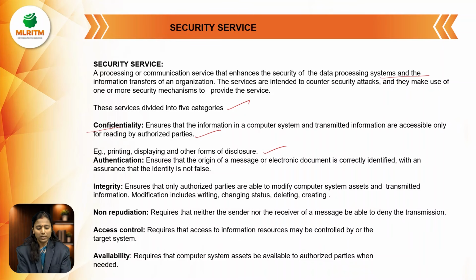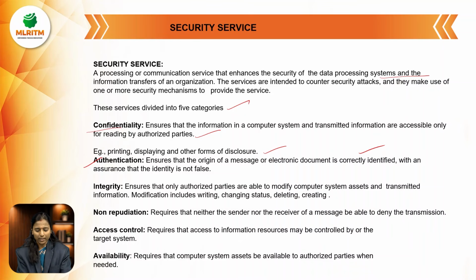The next one is authentication. Authentication is used to check whether the person logging in is the true person or a false person. It is the identity of a person. Whether the document is correctly identified or not will be checked in this authentication.